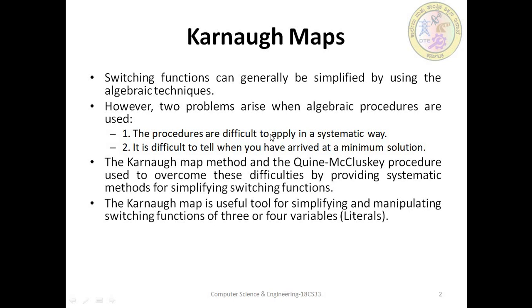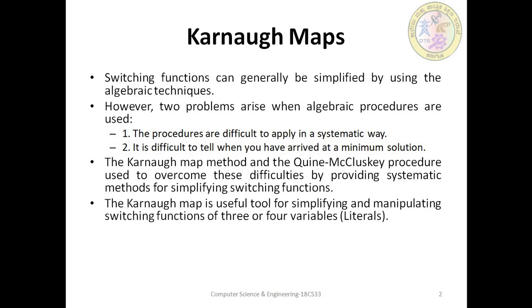In the previous session, we have seen some of the procedures and Boolean algebra rules, so let's assume that. It will be easy when you have a minimum number of input combinations. Suppose you have a larger number of input combinations, then definitely it's a pretty tedious task.